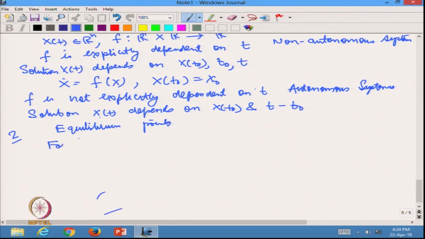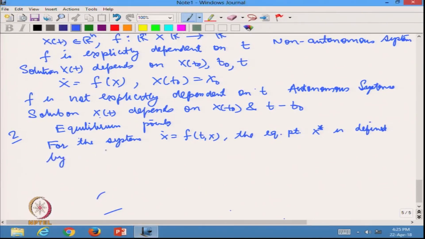So, for the system x dot equals f of t comma x, the equilibrium point x star is defined by f of t comma x star equals 0 for all t greater than or equal to t naught.